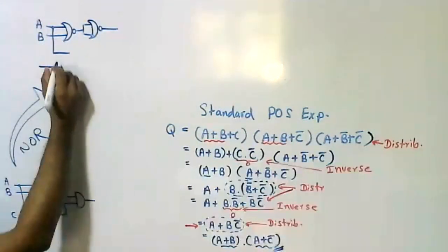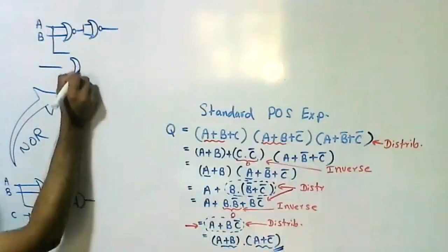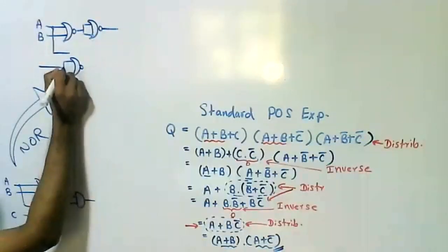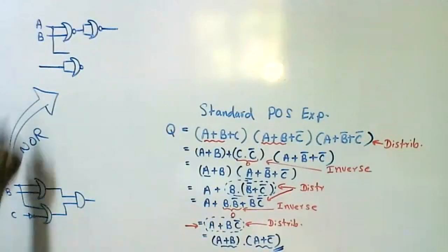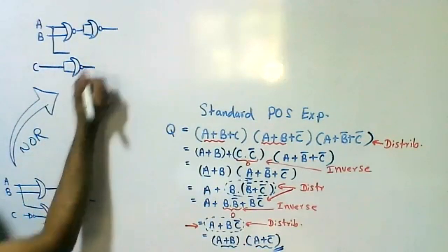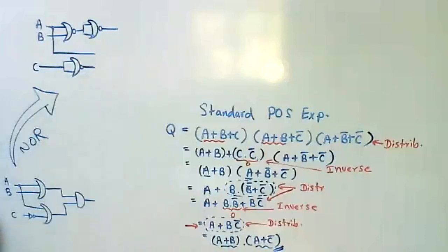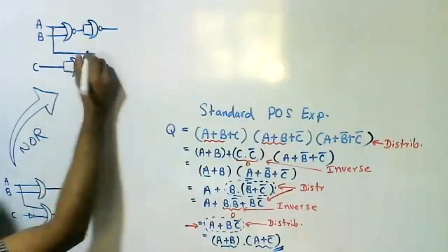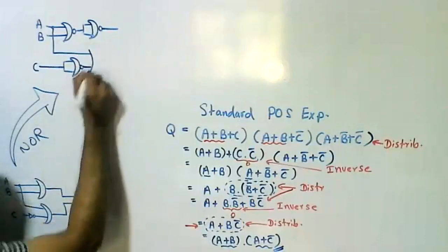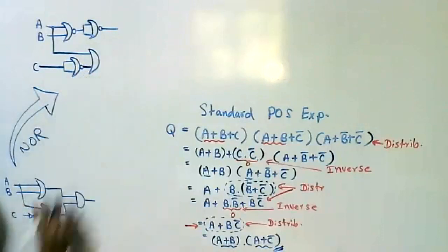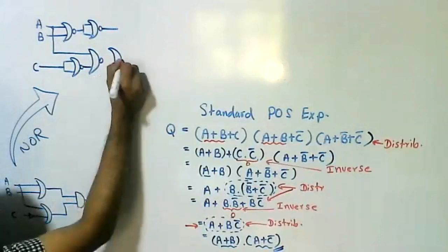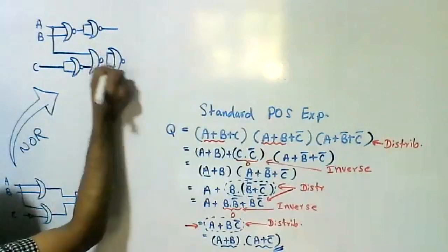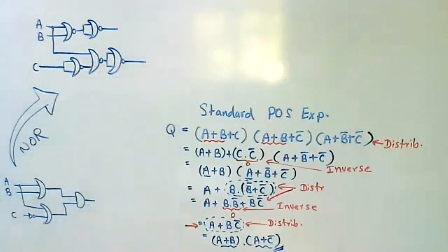One NOR gate, and we have to give the same input into two parts, right? Okay, here's C. So here another NOR gate is there. We need an OR gate, so we need two NOR gates. Serially, we have to connect two NOR gates like this, right?